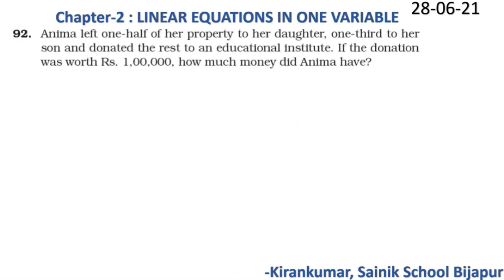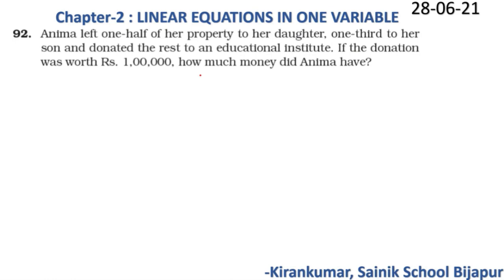Question number 92. Amina left 1/2 of her property to her daughter, 1/3 to her son, and donated the rest to an educational institute. If the donation was worth rupees 1 lakh, how much money did Amina have? Let the amount with Amina be x.